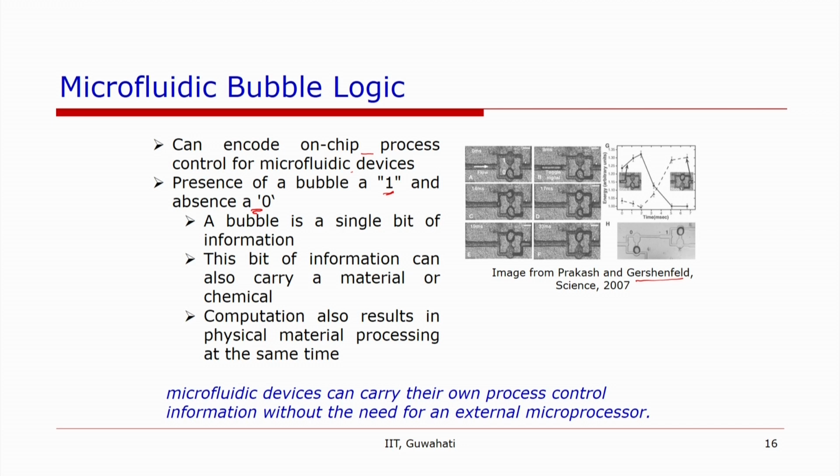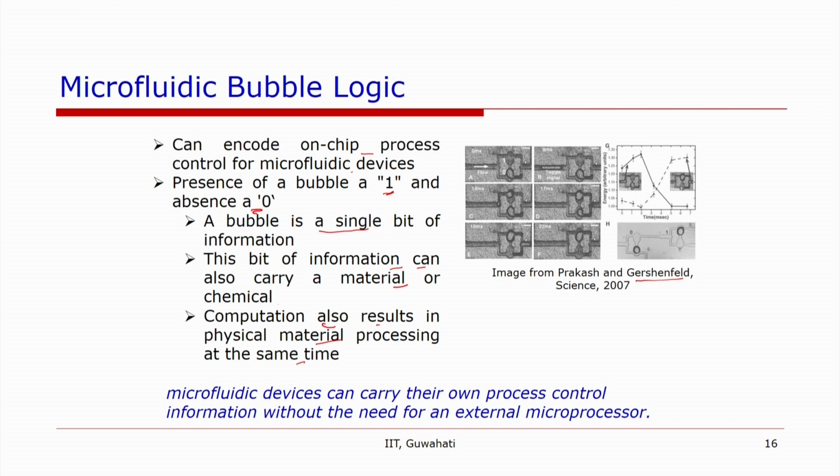So, this bubble is a single bit of information using this 1 and 0, and this bit of information can also carry a material or a chemical in these bubbles or droplets. So the computations that happen in these chips can also result in physical material processing at the same time.